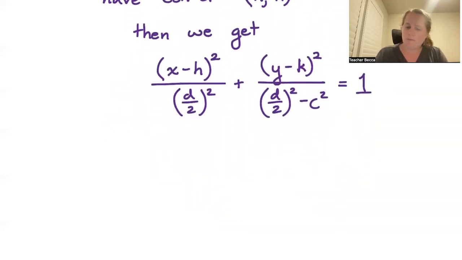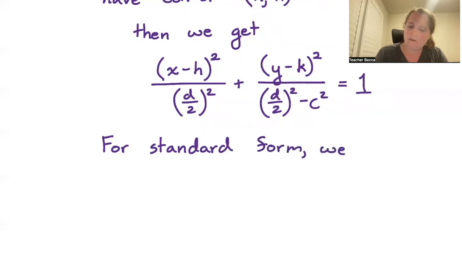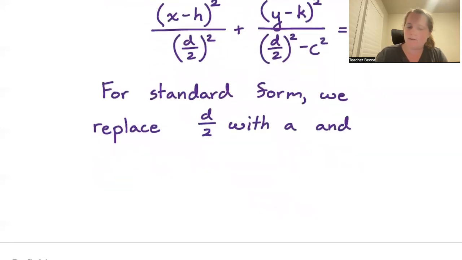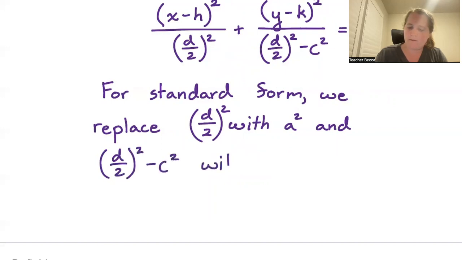For standard form, we replace d over 2 with a, or d over 2 squared with a squared, and d over 2 squared minus c squared with b squared.